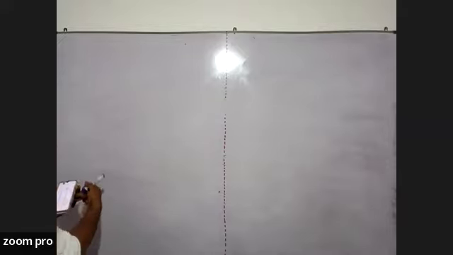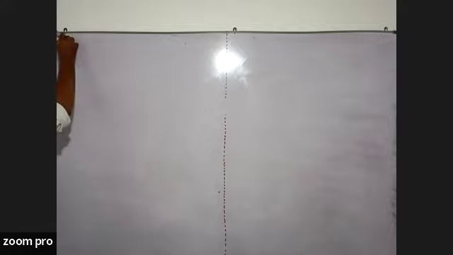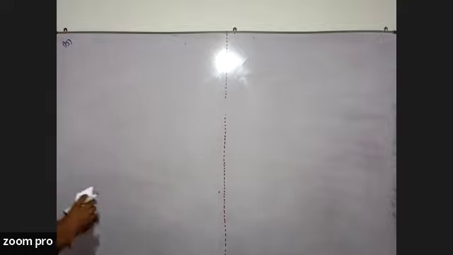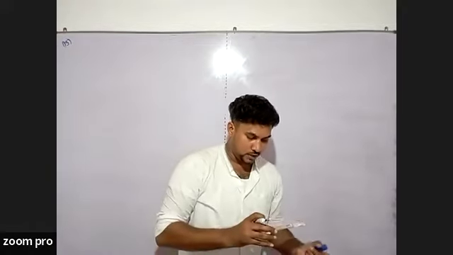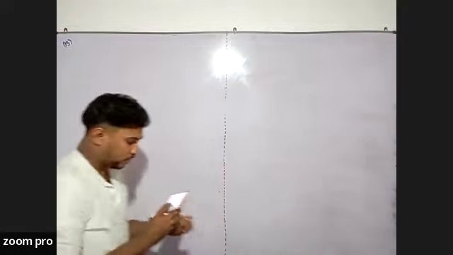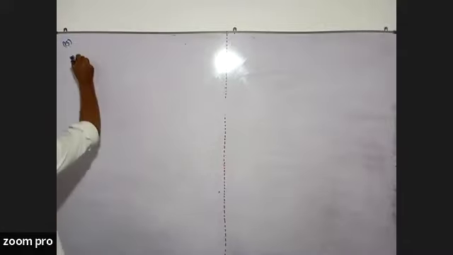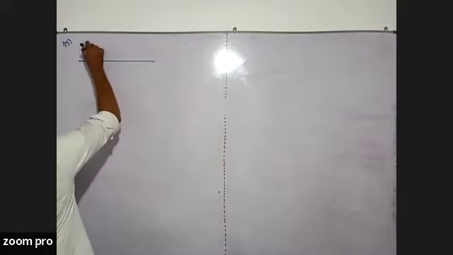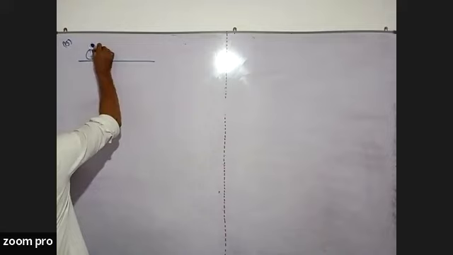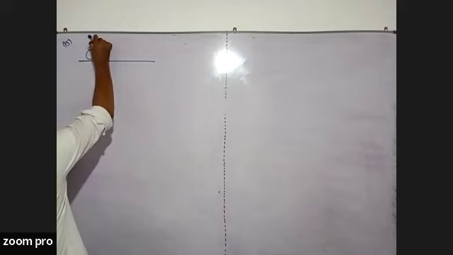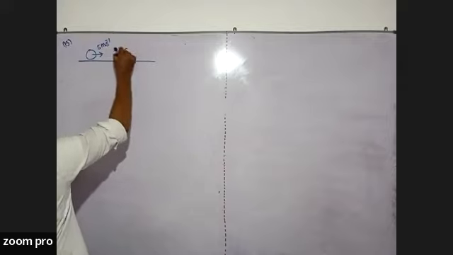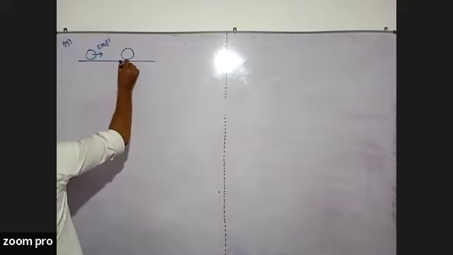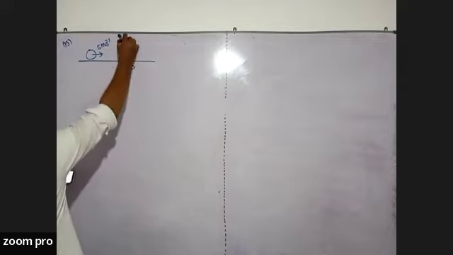In the 15th question, a ball A is moving with a velocity of 5 to collide with ball B at rest. This ball A is moving with a velocity of 5 towards the B object, which is at rest.